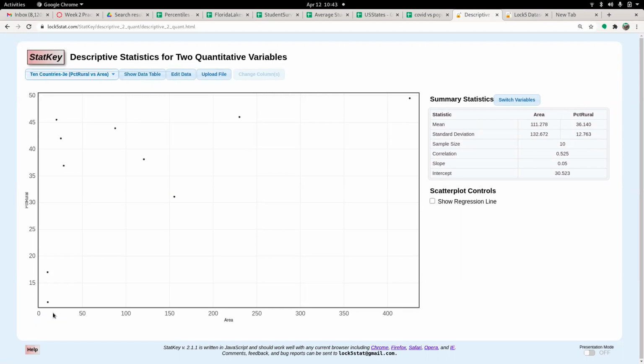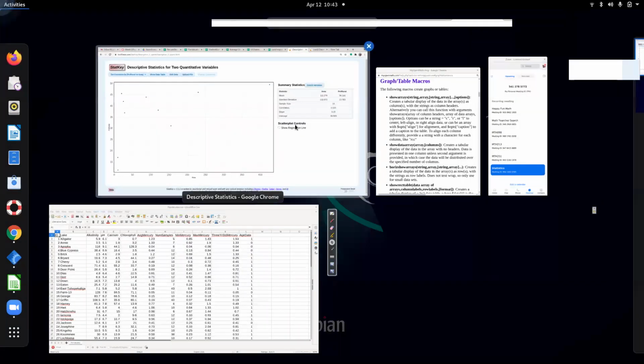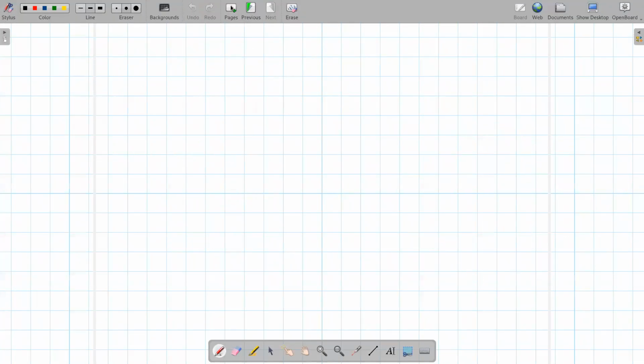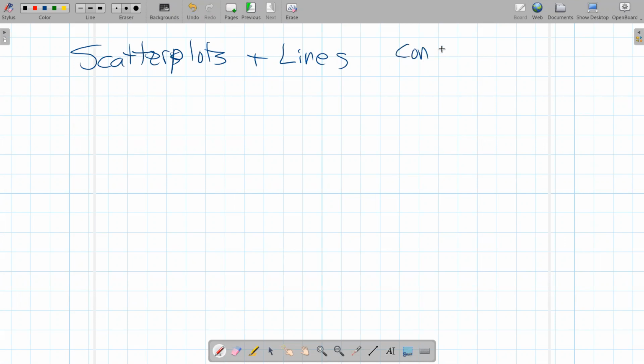So when we're playing around with scatter plots and lines, a few things that we need to consider in general. Scatter plots and lines, considerations. One, do you see an association in the scatter plot? Do you see a trend?